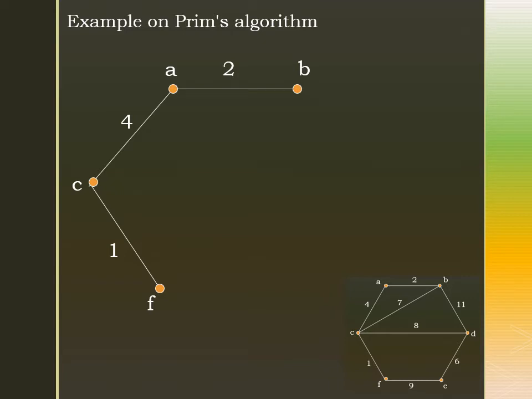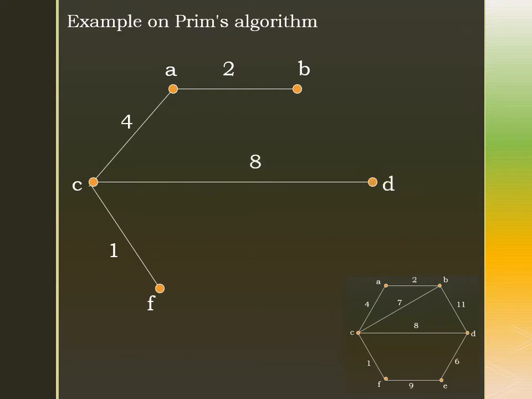Now from nodes A, B, C and F, we need to include either D or E, which are not already present in the spanning tree, with a connection to any of the nodes A, B, C and F such that the edge will be of minimum weight. So from B, D is 11, from C it is 8, and from F, D is not exactly adjacent.